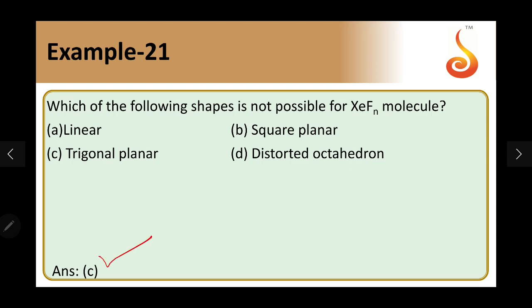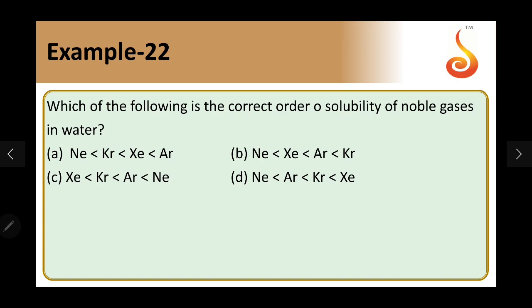Example 22. Which of the following is a correct order of solubility of noble gases in water? Noble gases are known to have very little solubility because of their inertness. Among them, as the mass becomes more, the solubility will be relatively more.